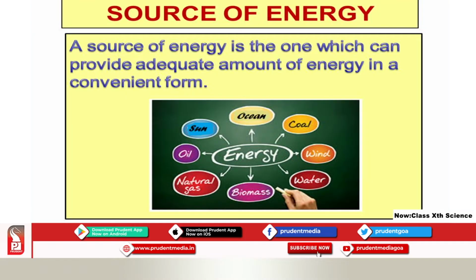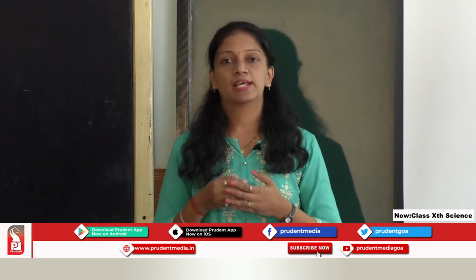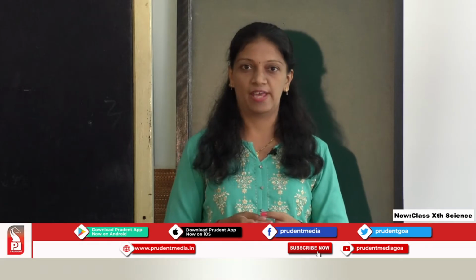They receive the energy from various sources of energy. These sources are sun, ocean, coal, wind, water, biomass, natural gas, oil, and so on. So whatever sources we have, they supply the maximum amount of energy for all the tasks that are to be carried.